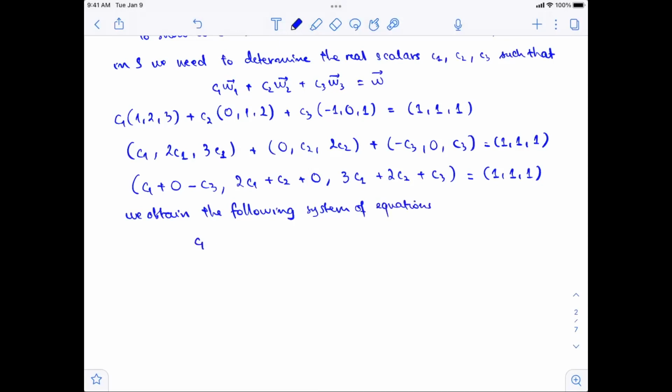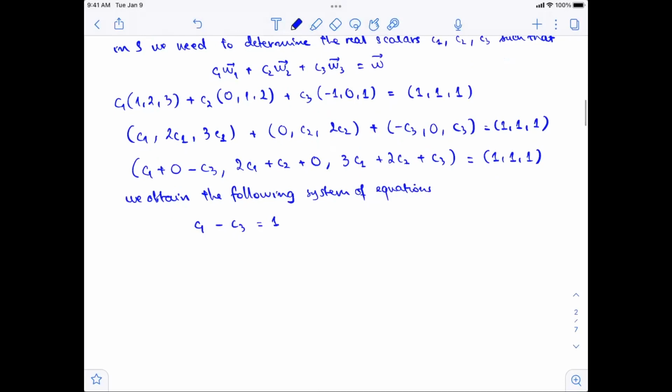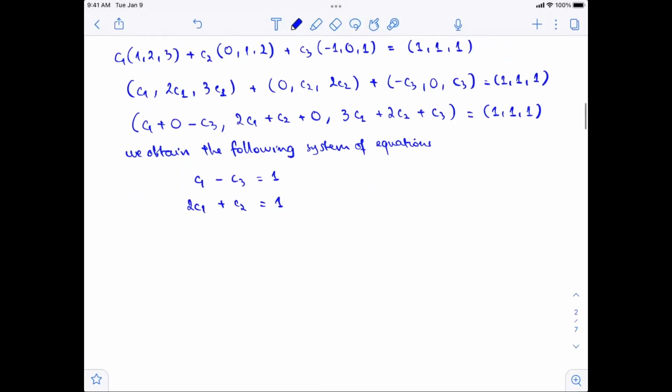You have C1 minus C3 equal to 1. That's the first equation. The second equation is 2C1 plus C2 equal to 1. And the third equation is 3C1 plus 2C2 plus C3 equal to 1.